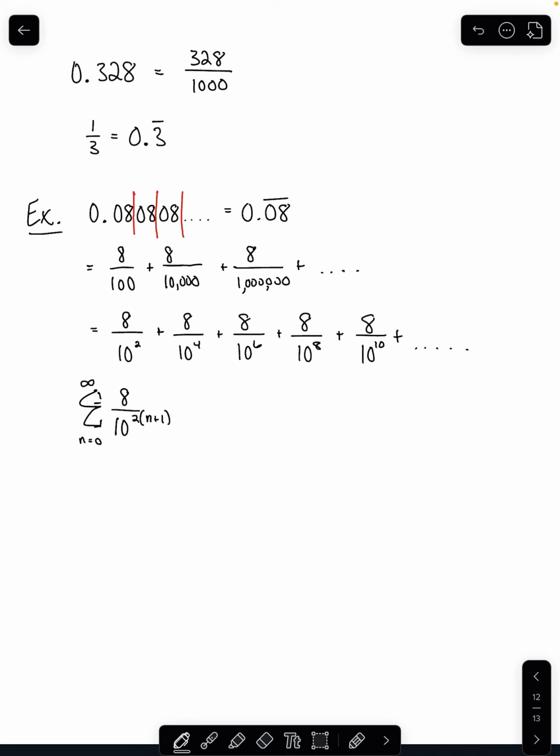When n is 1, we will get 10 to the 2 times 2, which is 10 to the fourth. When n is 2, we would get 10 to the 2 times 3, or 10 to the sixth, and so on.